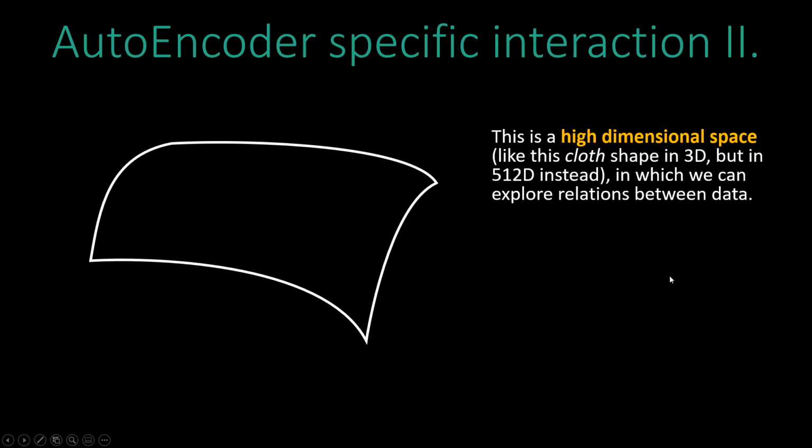Okay. So another really quite cool part about autoencoders and other generative models is that, being able to encode images into some latent representation, we can use some tricks like this. You can imagine this space is a high-dimensional space.